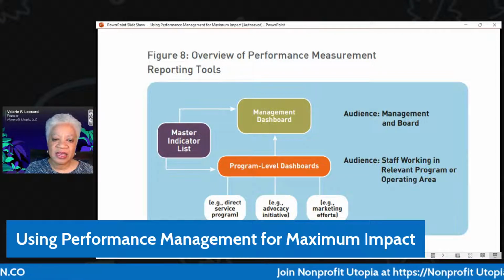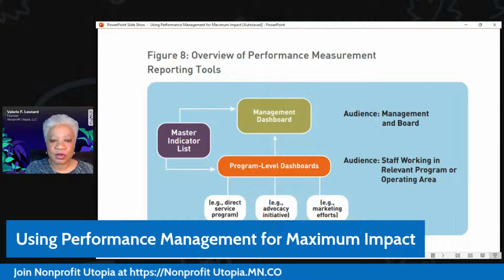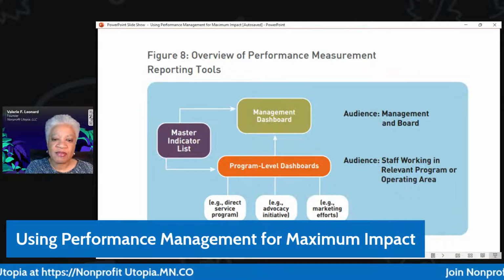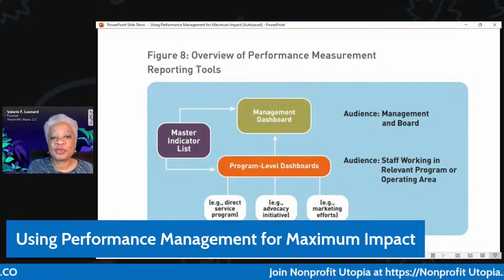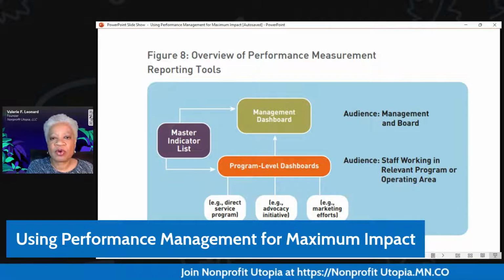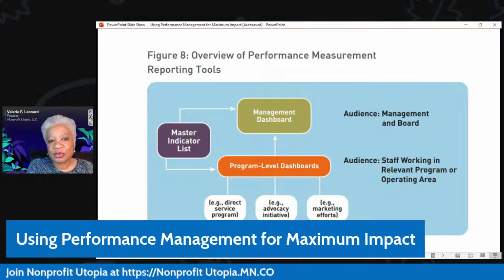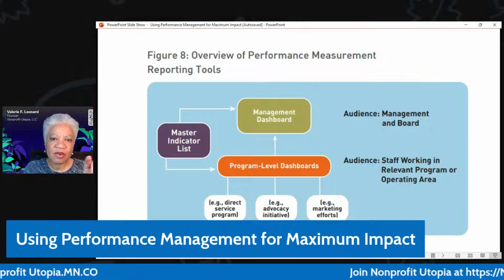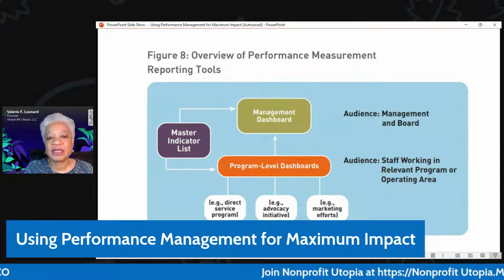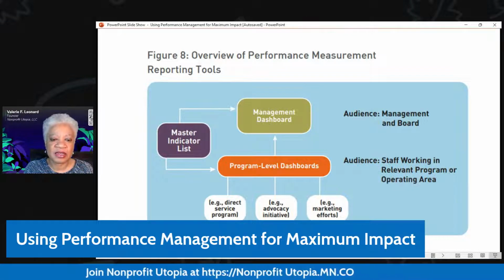So here is a graphic that just generally outlines how this works, right? So you have a management dashboard, right? So this is an overall dashboard looking at the organization's performance. And remember, the organization also is responsible for developing a master list of all the things that they're going to be measuring, whether it's at the program level, whether or not it's at the organization level.